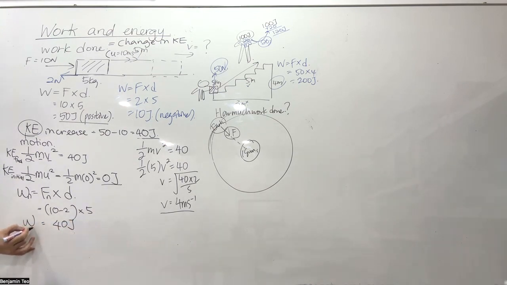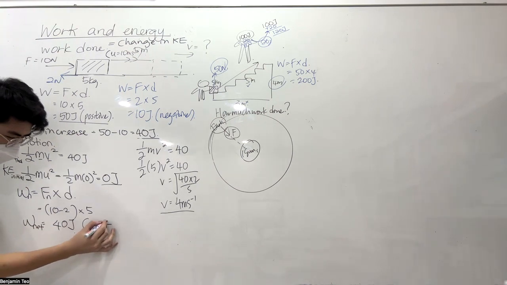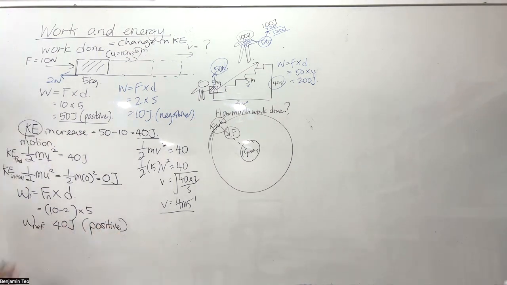This is my net work, right? So is net work positive or negative? It's positive net work, right? The positive is more than the negative. So overall, there's a net increase in the kinetic energy. So overall, there's an increase in the kinetic energy of 40.